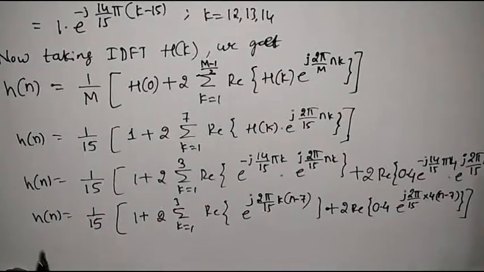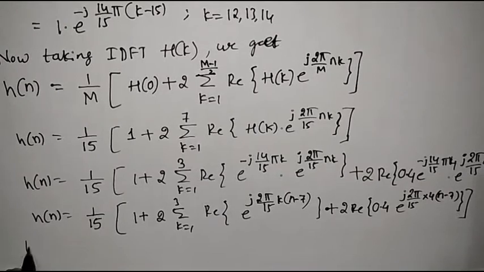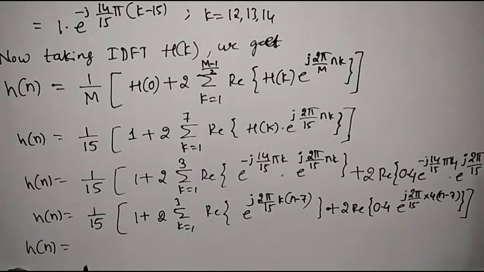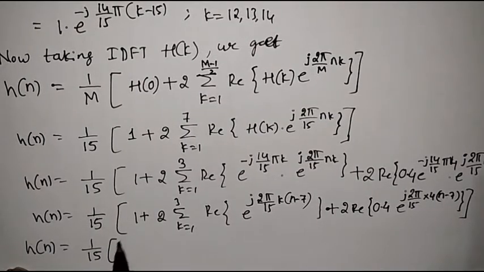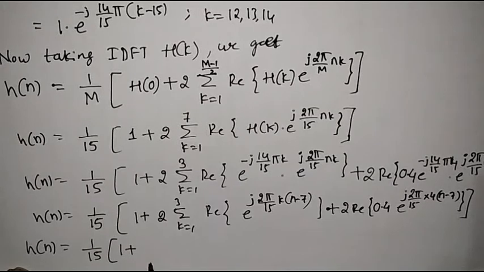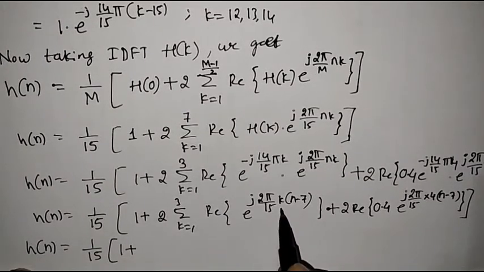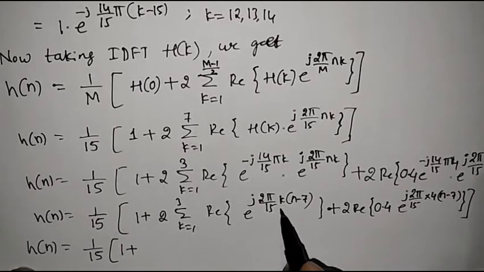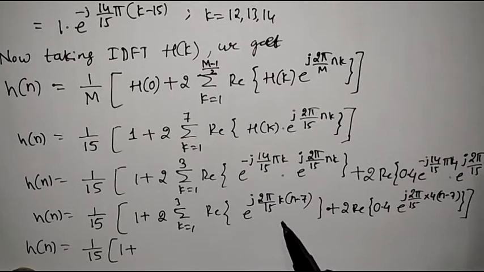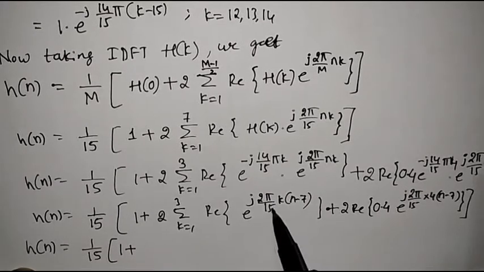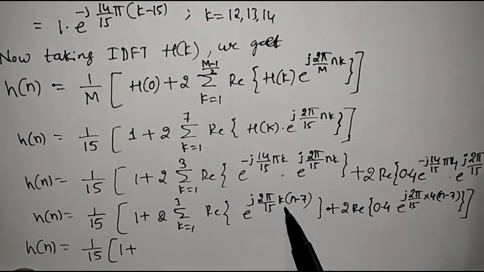Now simplifying this, we'll get h of n is equal to 1 over 15, 1 plus, by taking k equal to 1, and considering the real part, because we know that e raised to j theta is nothing but cos theta plus j sin theta.